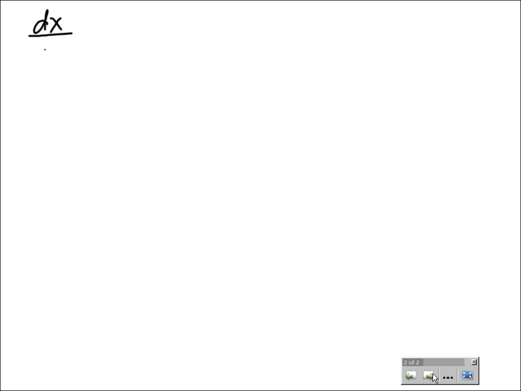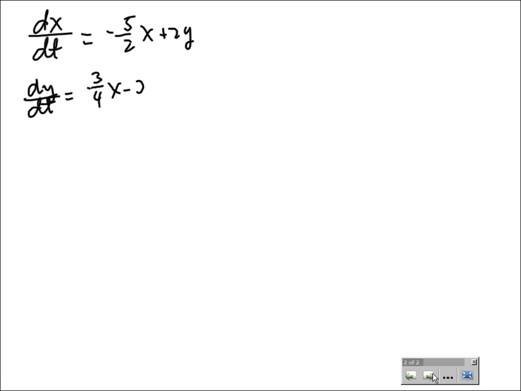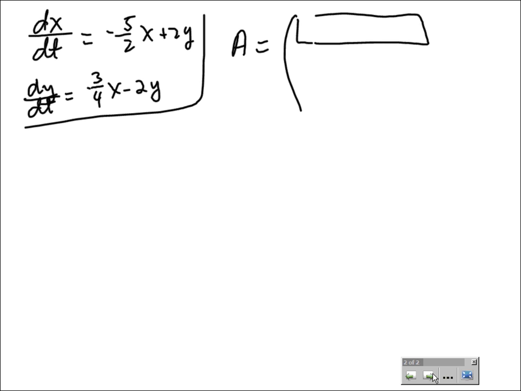Try another one. dx/dt is negative 5 halves x plus 2y, and dy/dt is 3/4 x minus 2y. So A, I'll put the dx/dt coefficients here and the dy/dt coefficients here.